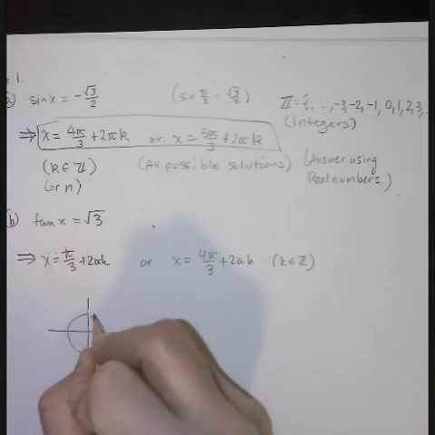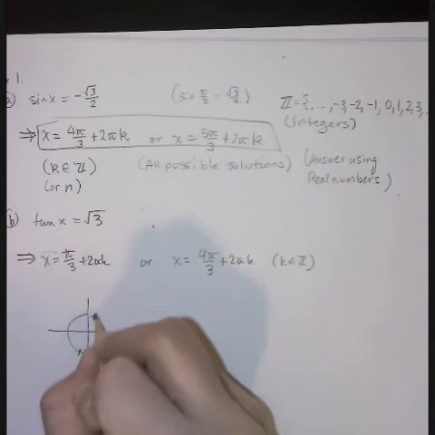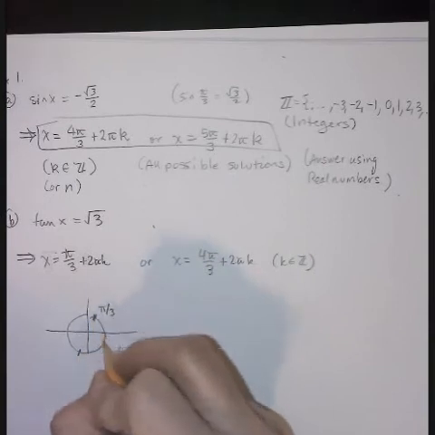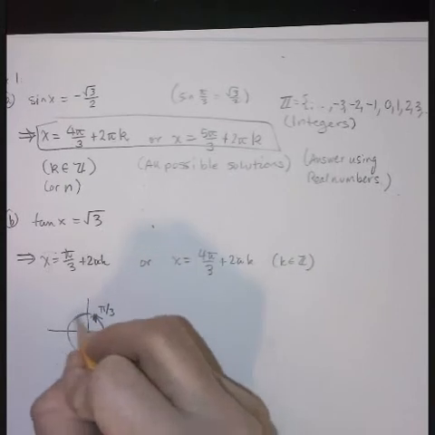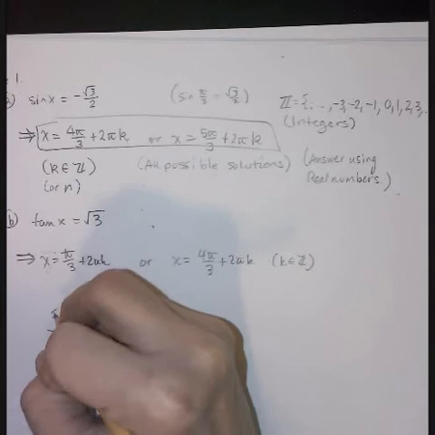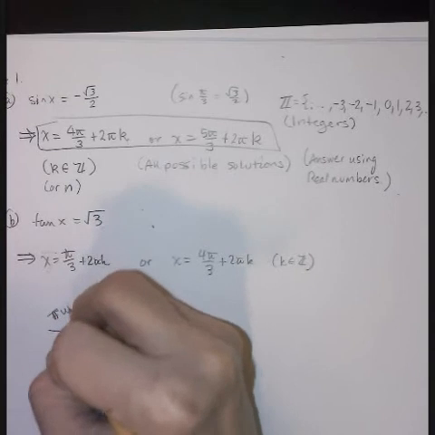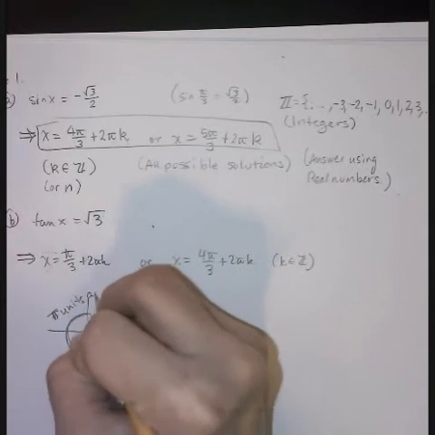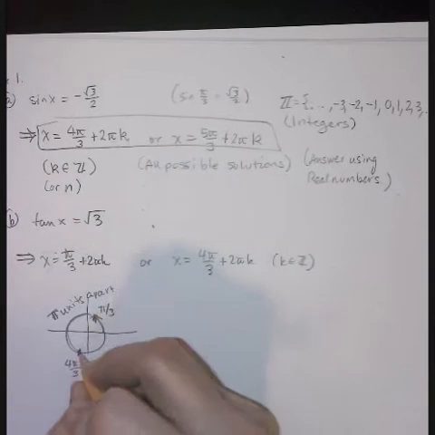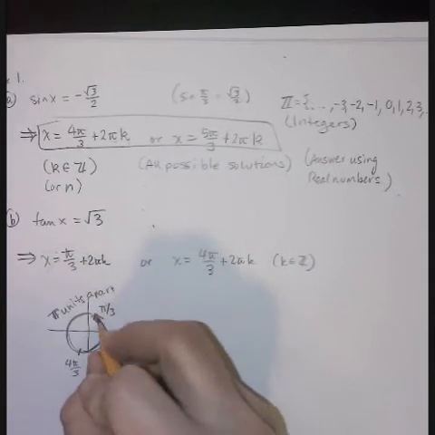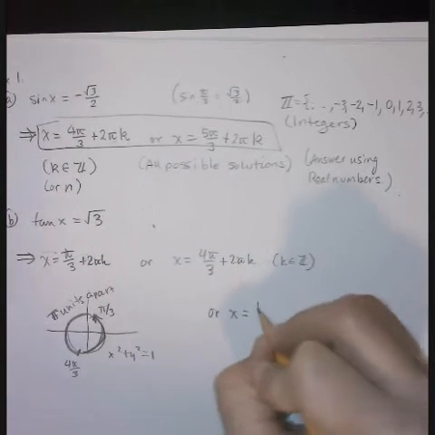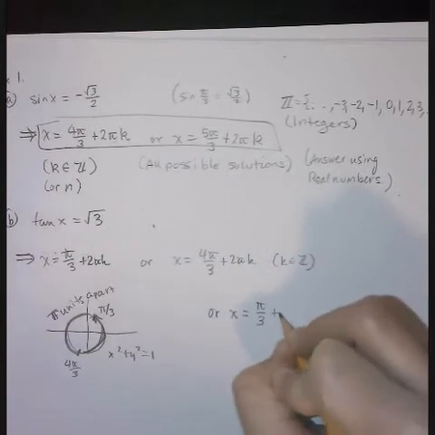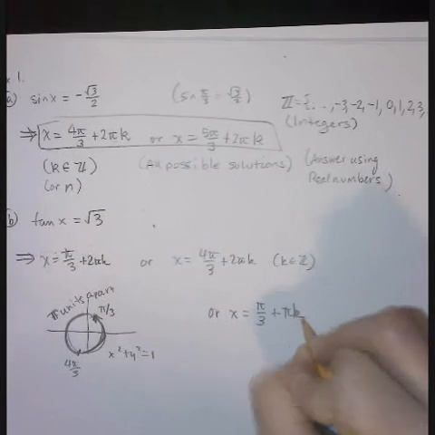Pi over 3 is here, and then this one is 4 pi over 3. These are pi units apart. And of course, we know the period is pi. Since they're an equal distance apart, you could just write x is pi over 3 plus pi k.